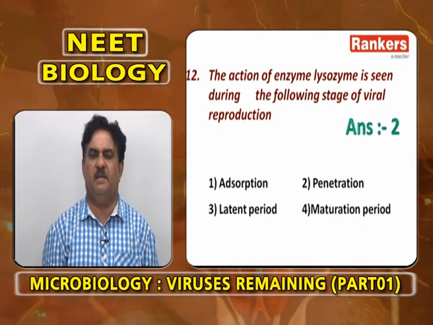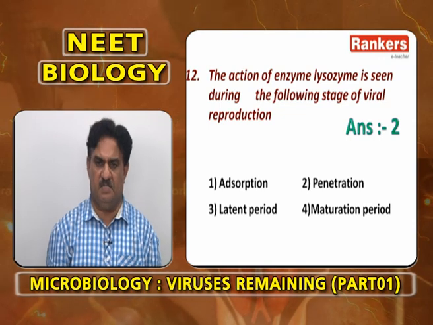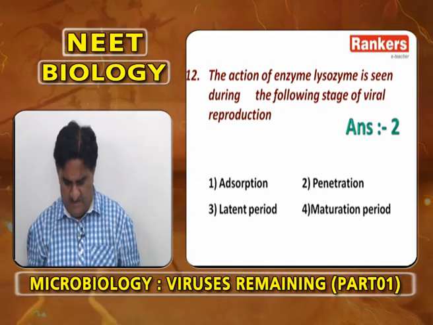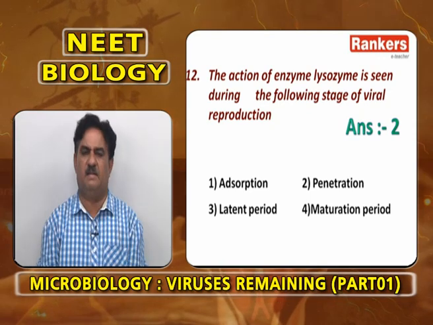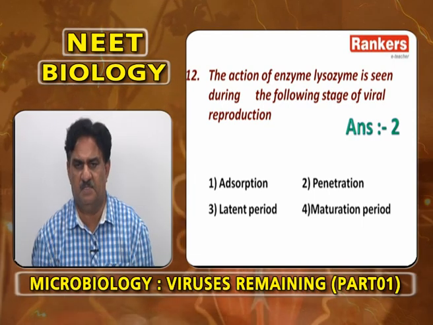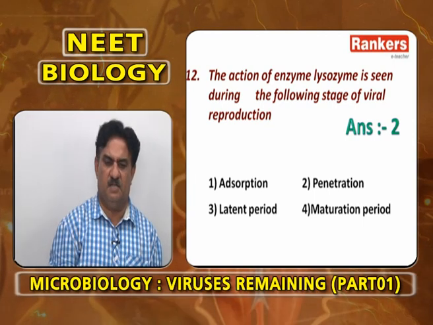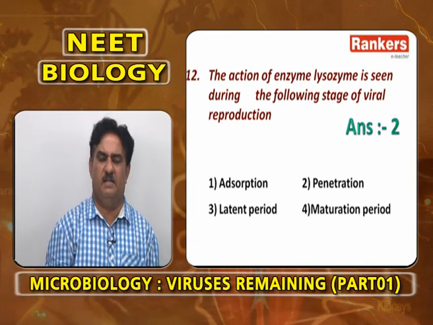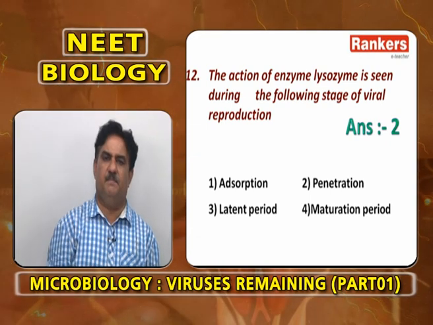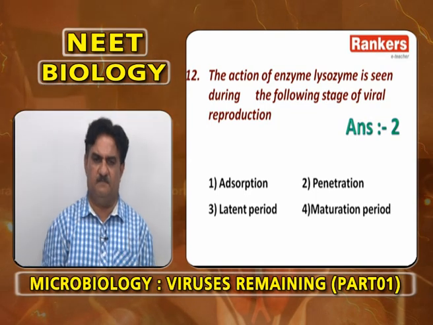Latent is a period which is observed in two stages, the eclipse stage and the maturation stage. Eclipse stage means nothing appears in the bacterial cell after the entry of viral DNA. Maturation stage means new viral particles are formed. So this is also asked as: name the stage in the lytic cycle of viruses where bacteria appear like a factory of viruses.